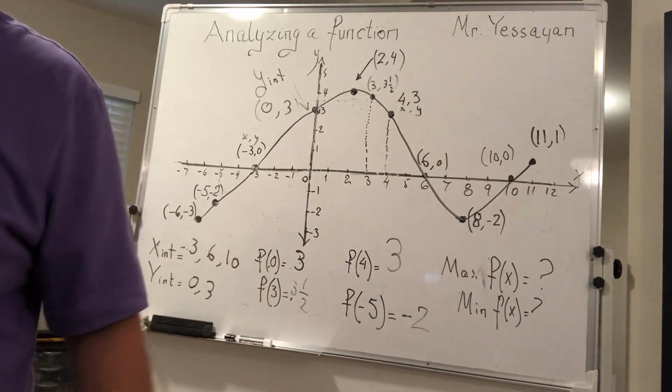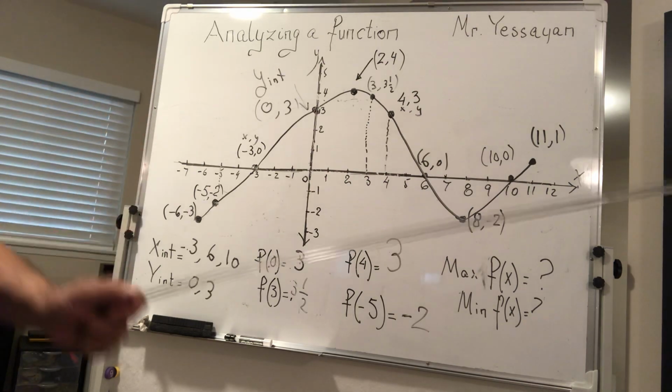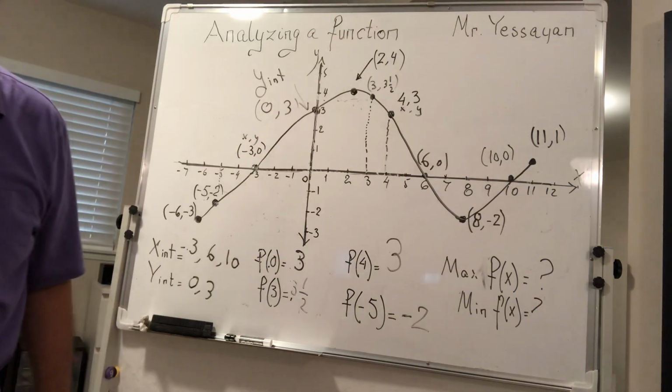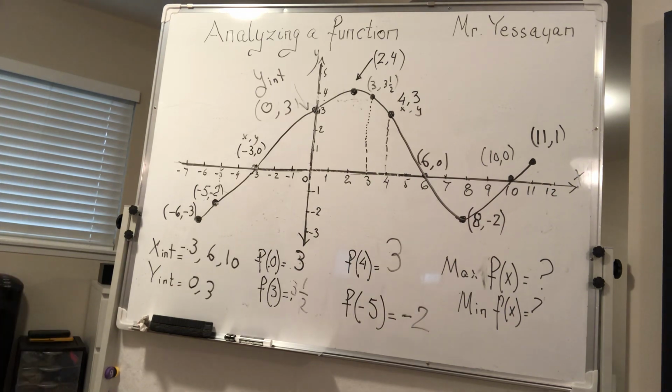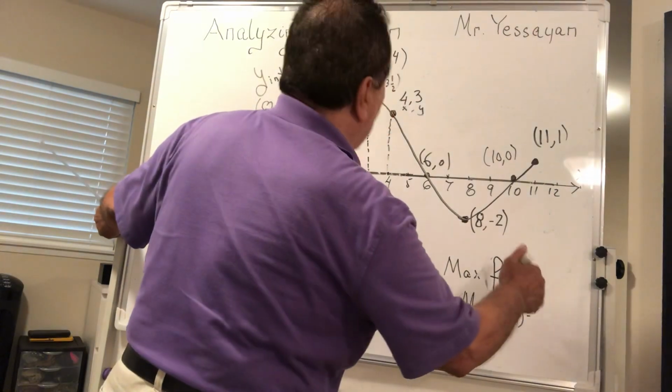What is the value of your maximum y? Anybody can tell me? 4. At what x does it become maximum? What will be the value of x when y is maximum? 2. Beautiful. So there you go. Your maximum y is 4.